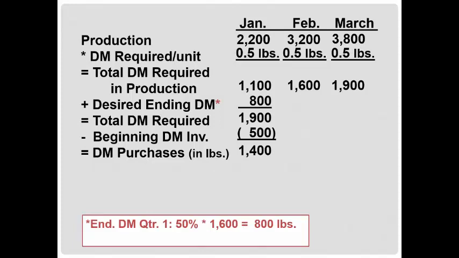Then in February, you're going to want to end with 50% of what you are going to use in production in March. So now you see why, while we were asked to prepare January and February's budgets, we did have to go ahead and prepare at least part of March so that we could find ending inventory of raw material for February.